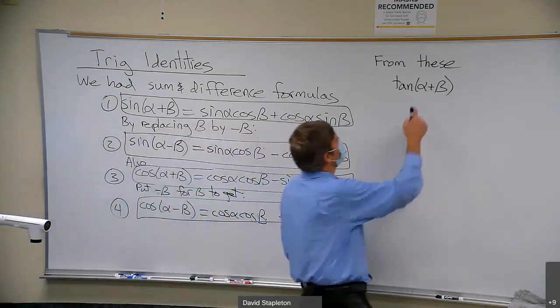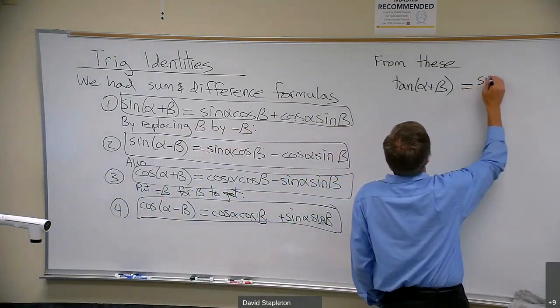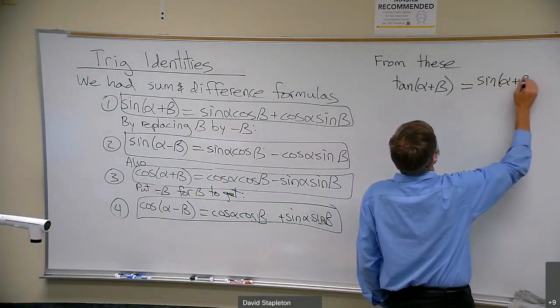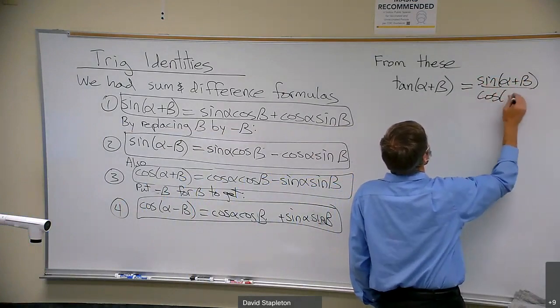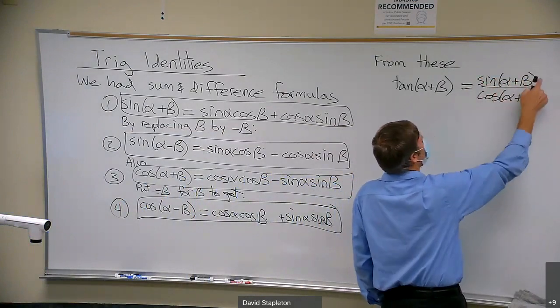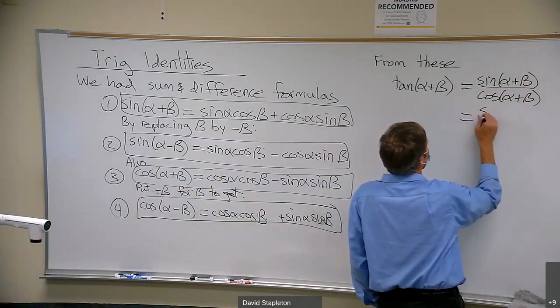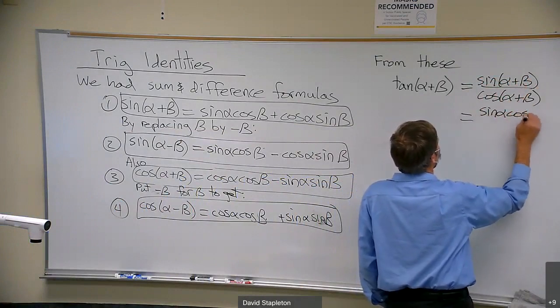Well, tangent of any angle, alpha plus beta, is the sine of that angle divided by the cosine, right? So this is sine divided by cosine of the same angle. Well, I have some formulas for these, right? Sine is sine cosine plus cosine sine.